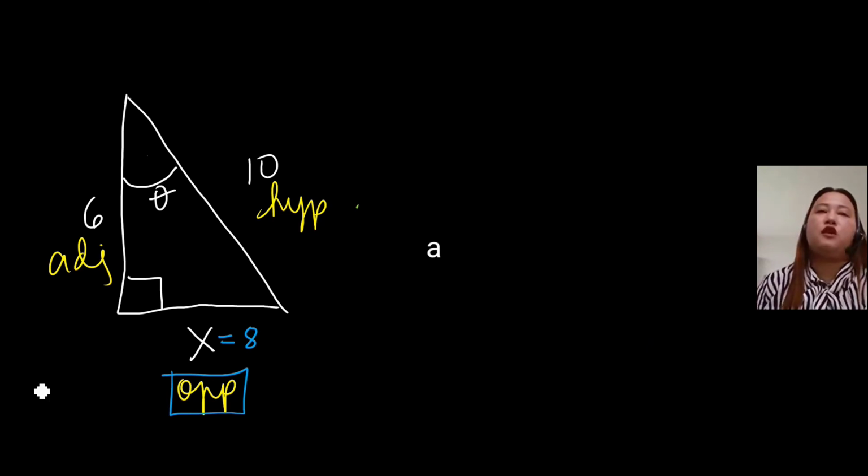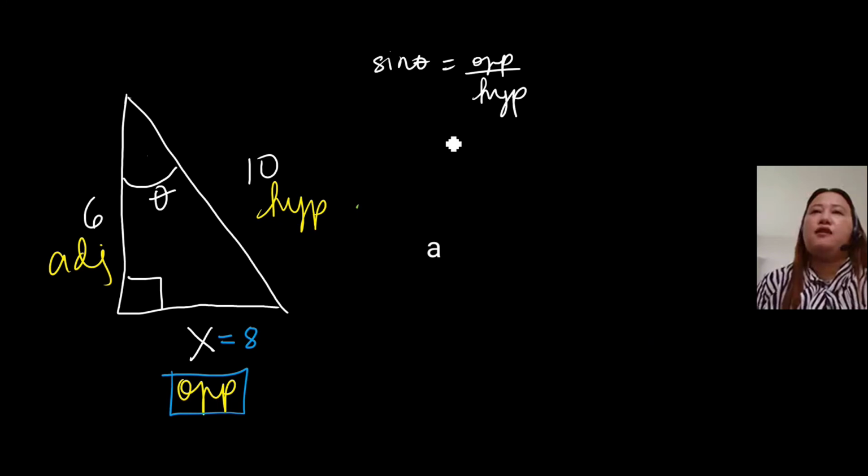So again, trigonometric functions, let us start with the sine theta. Sine theta is opposite over the hypotenuse. And then let us substitute. The opposite is 8. Hypotenuse is 10. So reduce this. We do have 4/5. This is sine theta.